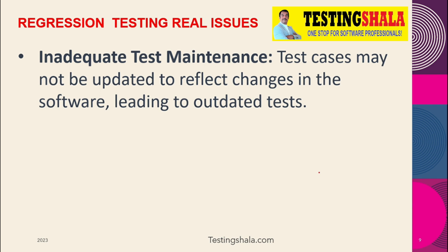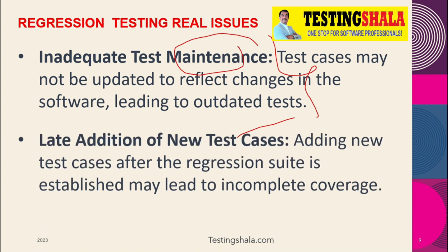Because of that, maintaining of this regression testing becomes very problematic as the number of test cases increases, and over the period we will see many of the test cases becomes outdated, and because of that the test maintenance is very crucial. We should maintain our test cases as and when required. If you just ignore, we may get into bigger challenges.